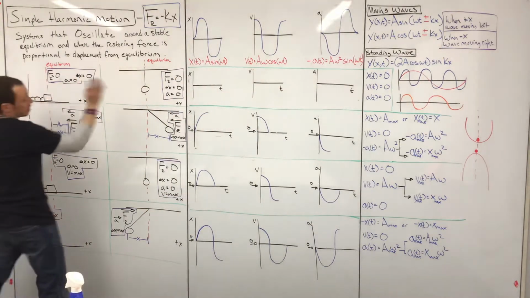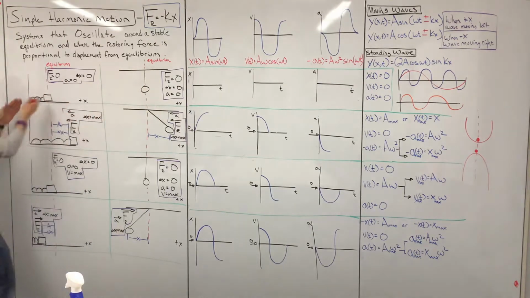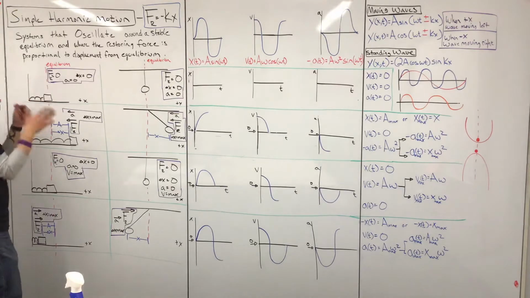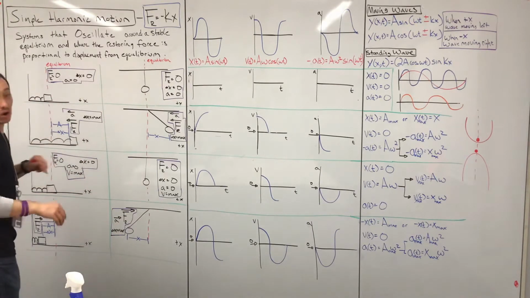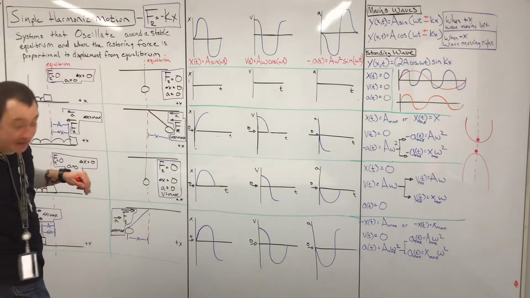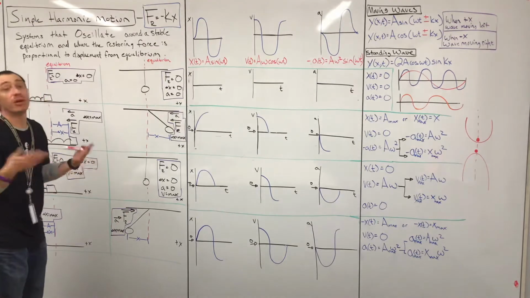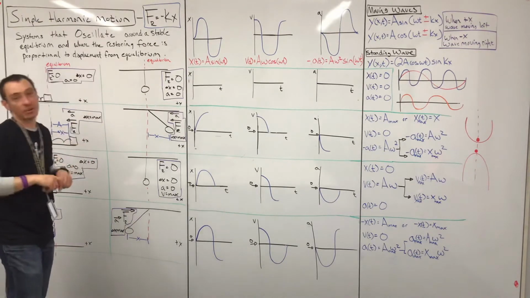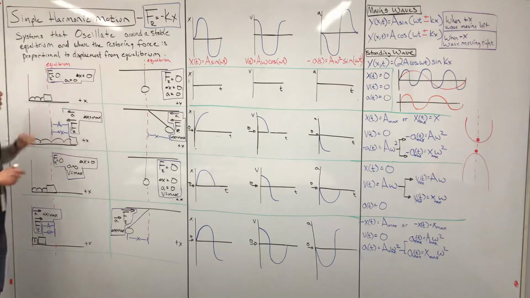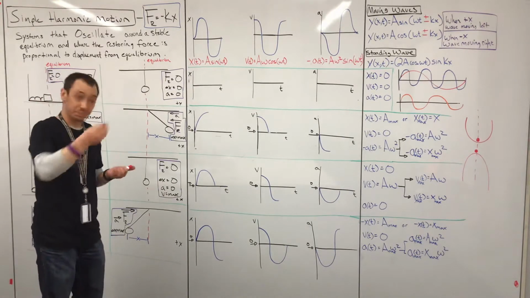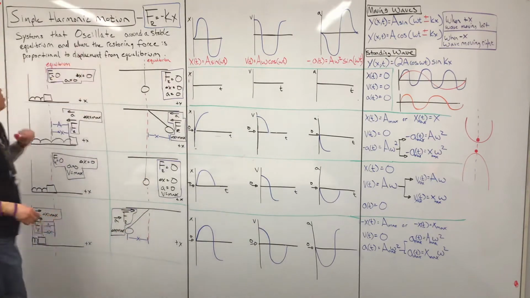When the system is just sitting still, no matter if it's a pendulum or a spring, where it sits naturally at rest is what we're going to call the equilibrium point. If you want to see the equilibrium point for a system, let it sit at rest. Wherever it sits at rest, it is an equilibrium. That's why, for example, a ball bouncing on the ground is not in simple harmonic motion.